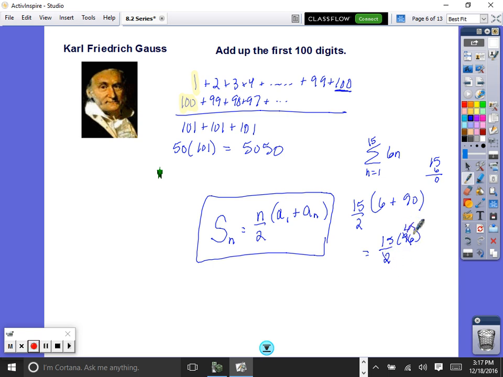That's 48 times 15. That's 720. Yesterday we took n times n plus 1 divided by 2 times 6, and we still get 720. Just a little bit faster way when you recognize it's an arithmetic rule.